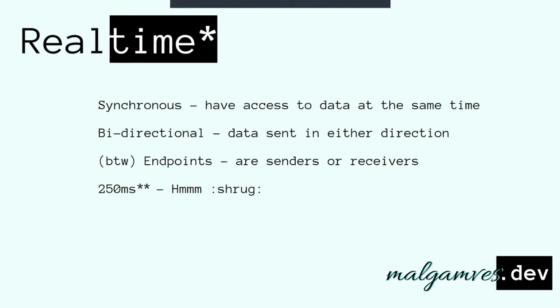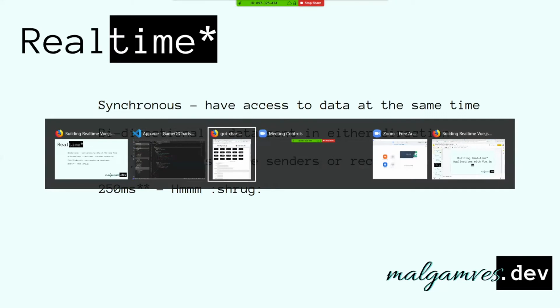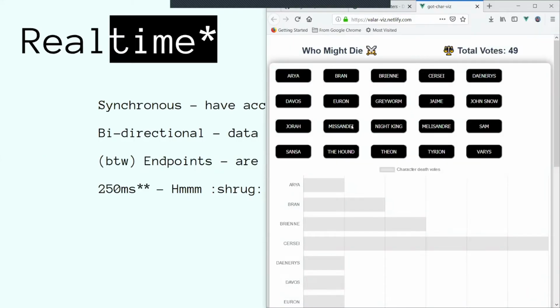So in our case, using the application, every person who is voting or clicking a button can be counted as an endpoint. And because I don't have to wait for someone else to click to receive an update, that communication is bidirectional in that everything I send, I'm also receiving updates from other people doing the same thing.